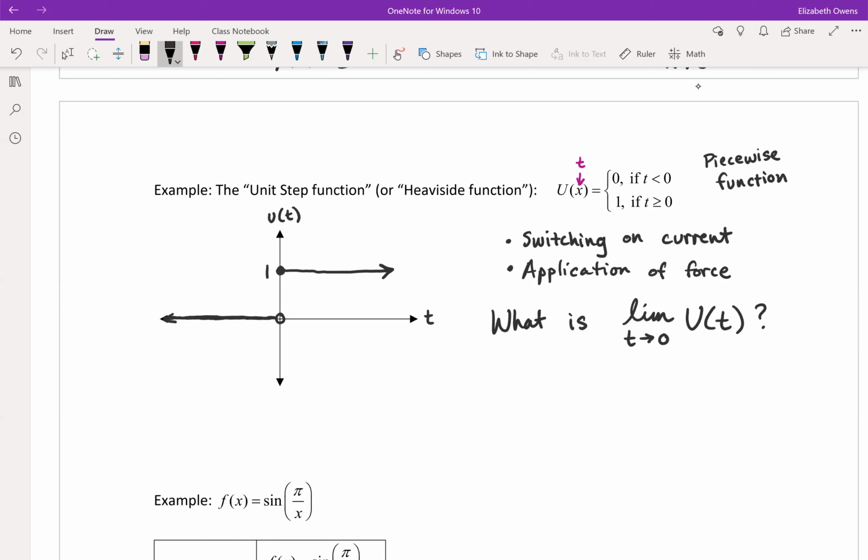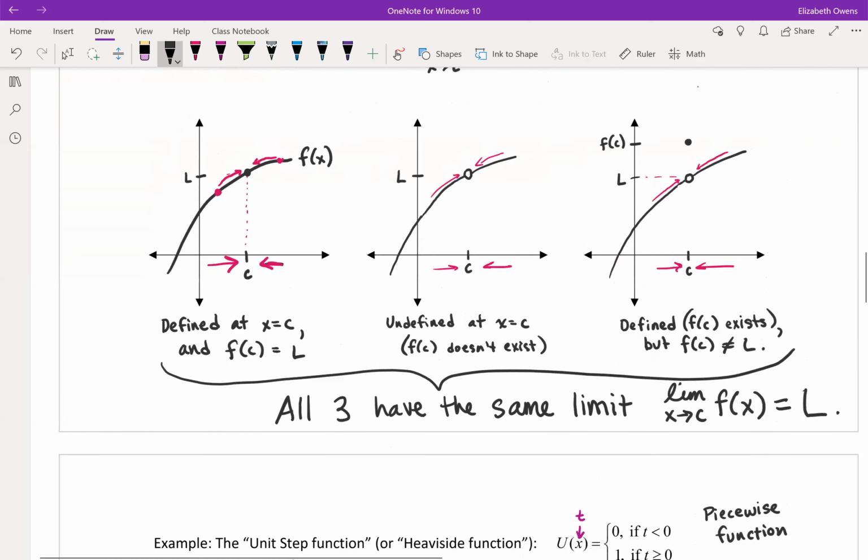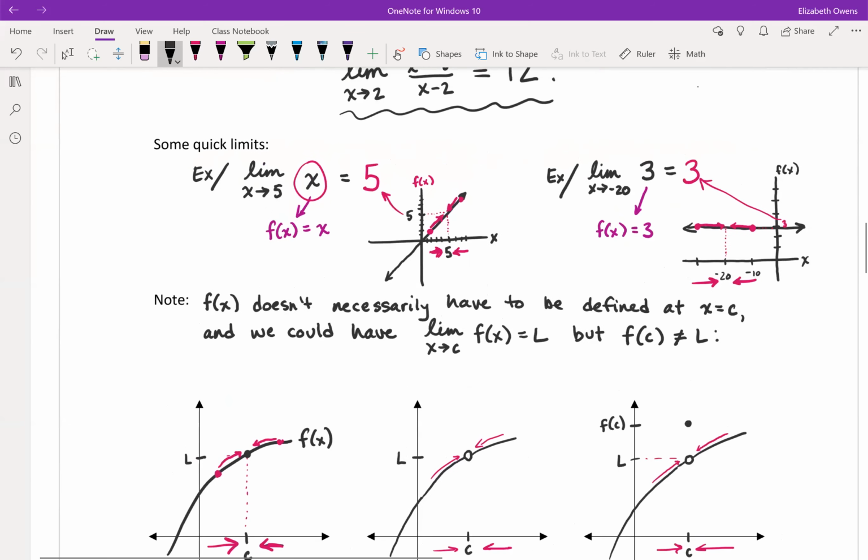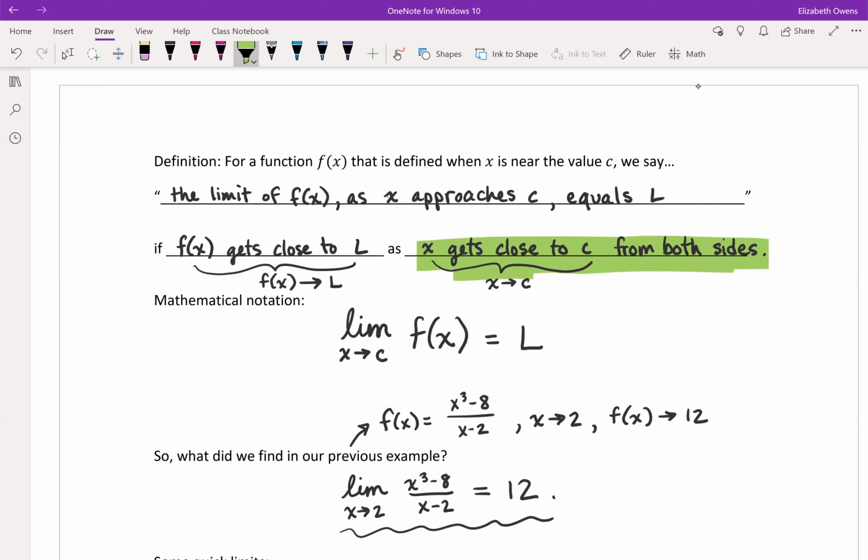And remember from our definition and from what we were looking at before, that when we're making that approach, we were using x in the definition, but in our case we're going to let t get close to 0 from both sides. x gets close to c from both sides, and for us, t is going to get close to 0 from both sides. So let's see what happens with that.